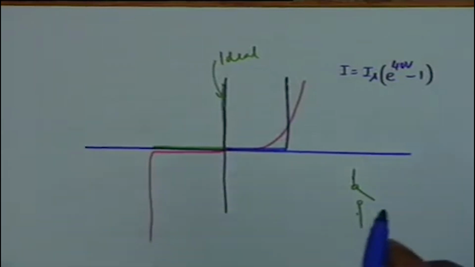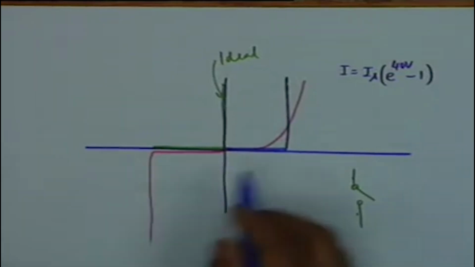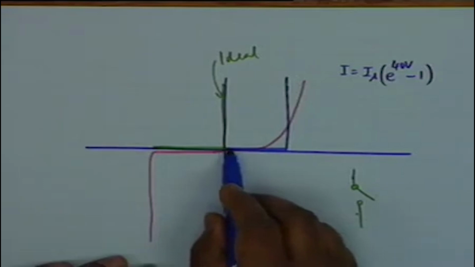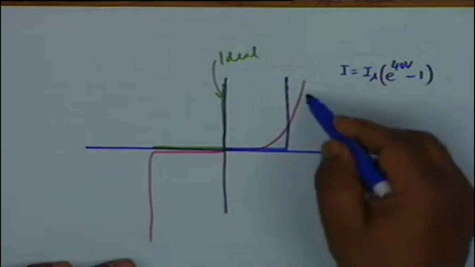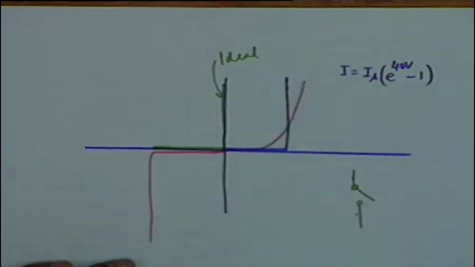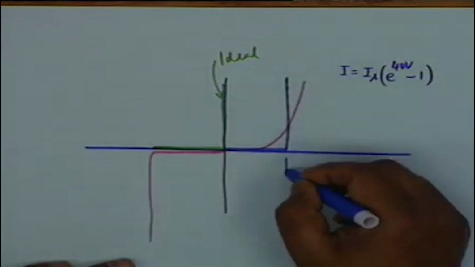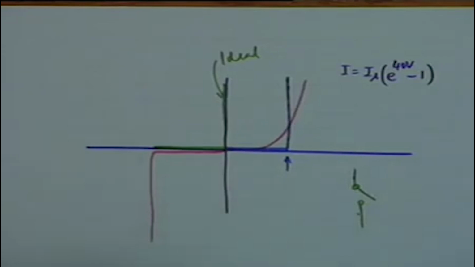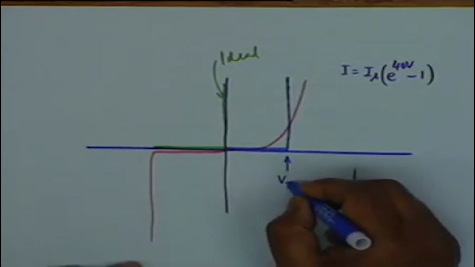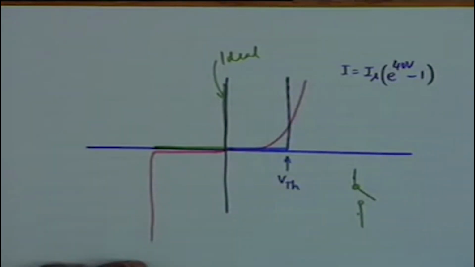We have introduced one non-idealness, namely that the diode does not conduct exactly at 0, it conducts at some voltage here. Mind you, we are approximating this red curve by the blue curve, and this voltage is called the threshold voltage, VTH, and is of the order of 0.7 for silicon and 0.3 for germanium.